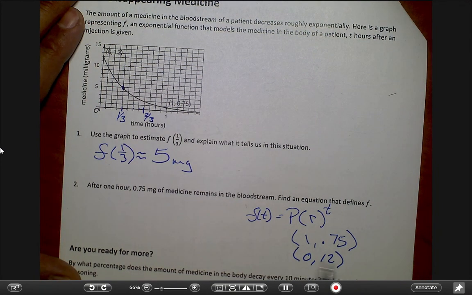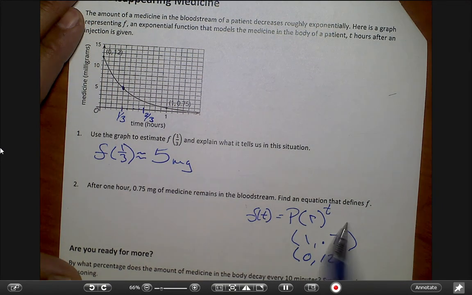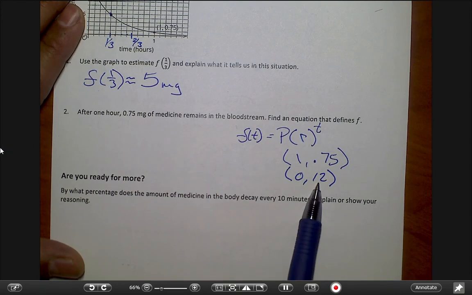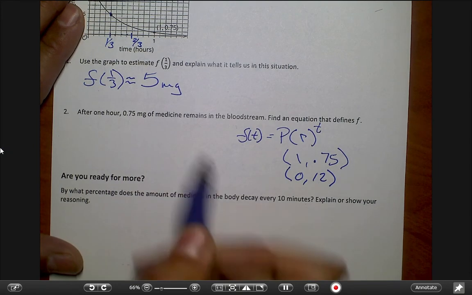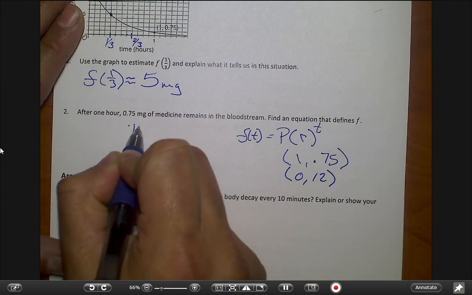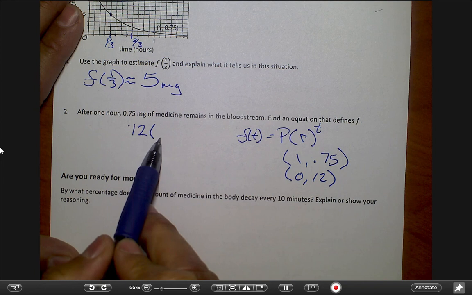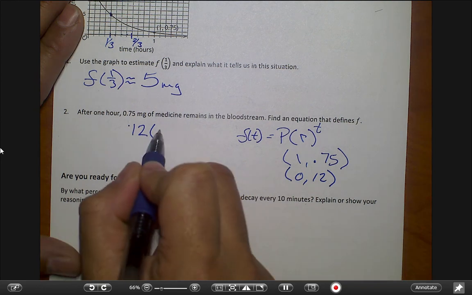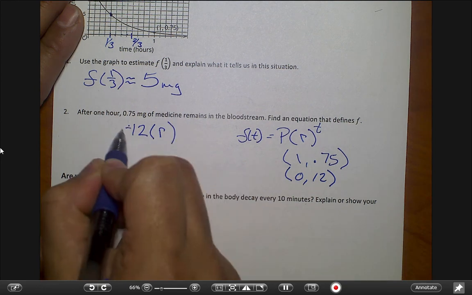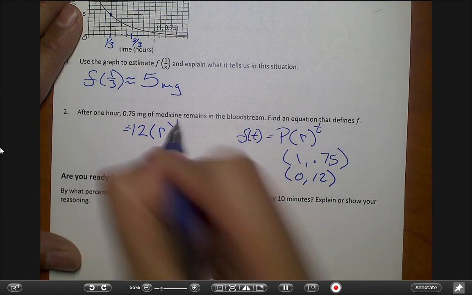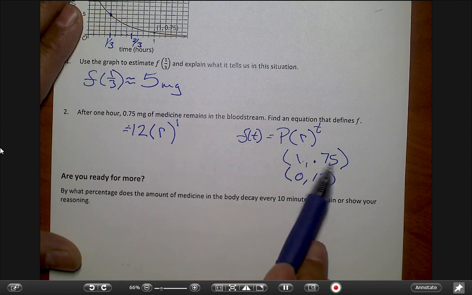Now, we're going to use this information to fill this in. So, I know my initial amount. So, my P is 12, right? So, it should be 12 times some rate. I don't know what the rate is. But I know right here, what's my T value? 1, which goes there. And that's supposed to equal this over here, right?